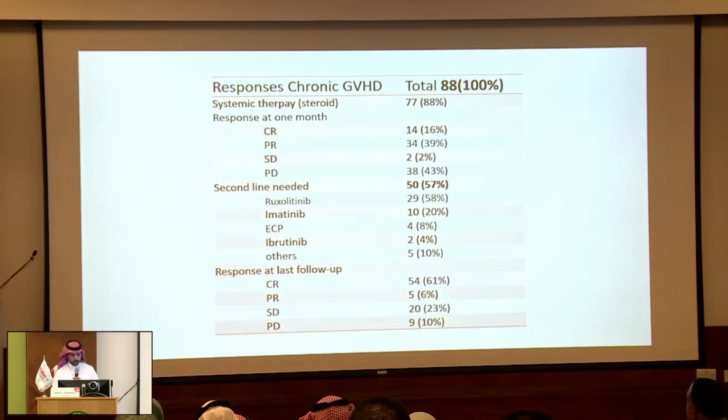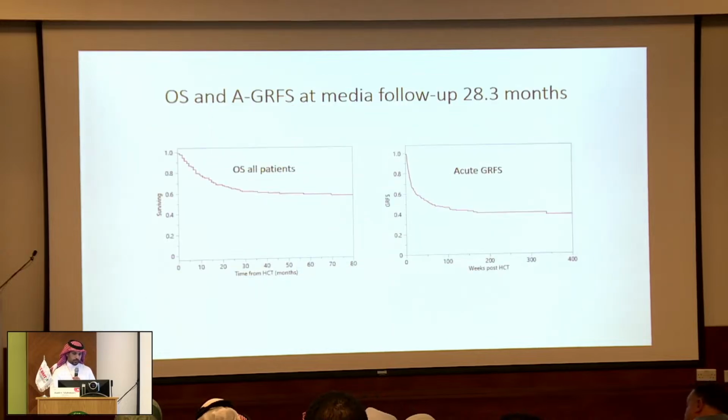for patients. So responses in general for all comers from the onset of the GVHD, 60% were able to achieve CR, and 23% have stable disease, 6% have PR, and 10% unfortunately still have progressive disease.